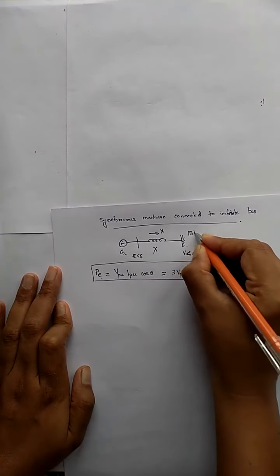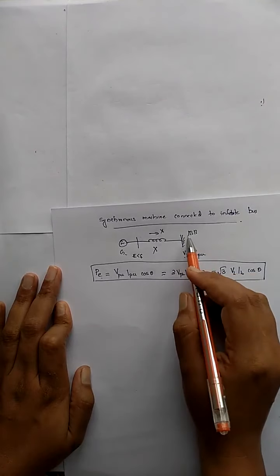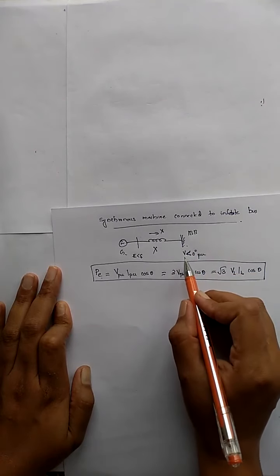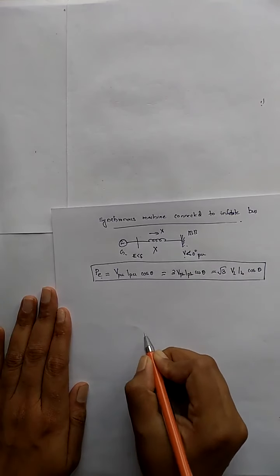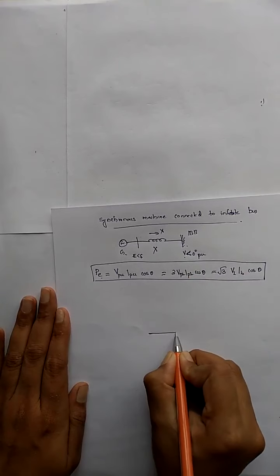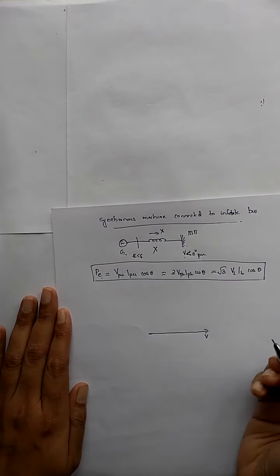Infinite bus bar means I am taking this as my reference, because it is V angle 0 degrees. So I am drawing a phasor diagram, this is my V angle 0, my reference.